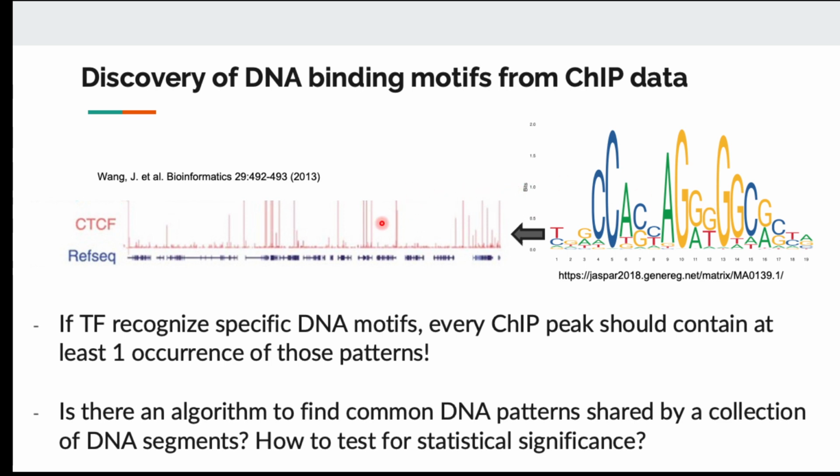So what we want is an algorithm where we give it the DNA sequences from these peaks, and we ask the algorithm, can you identify a common DNA pattern that occurs in every sequence? And that would be our binding motif.